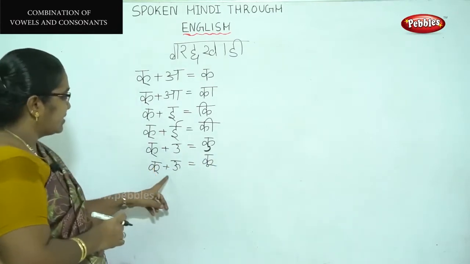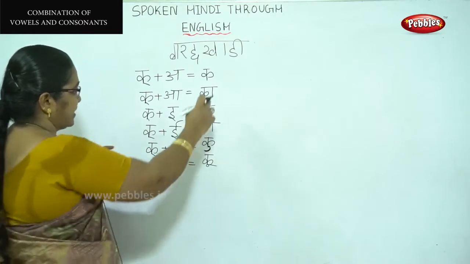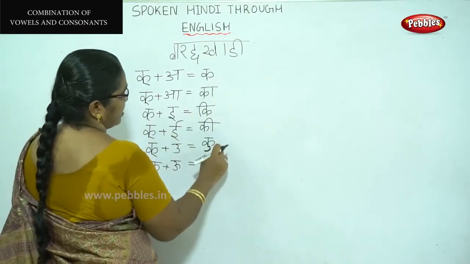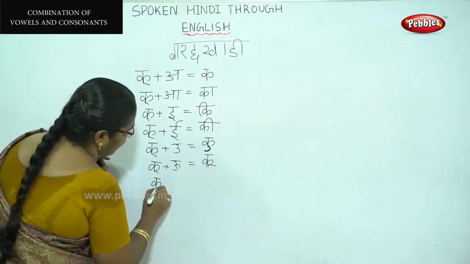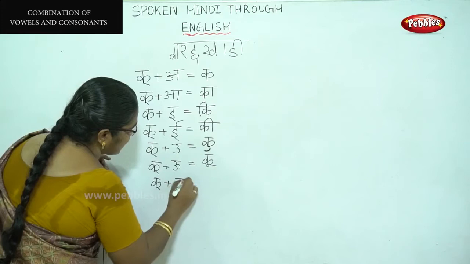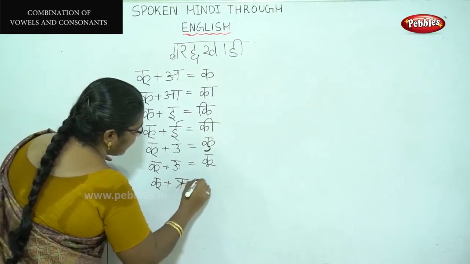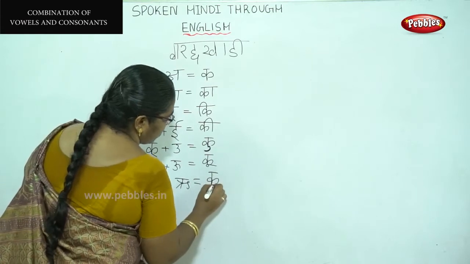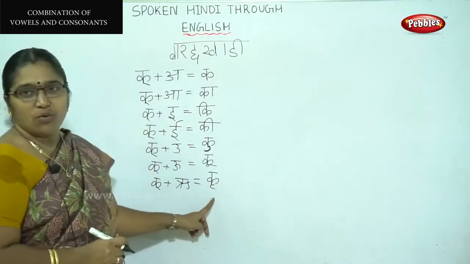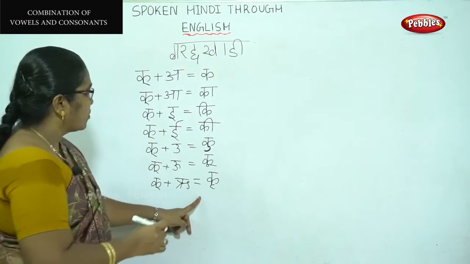Ka, ki, ku. The next one is ik plus ru, that is kru.